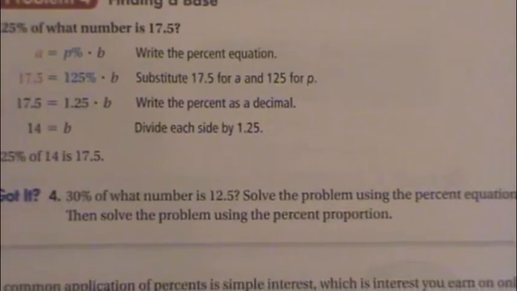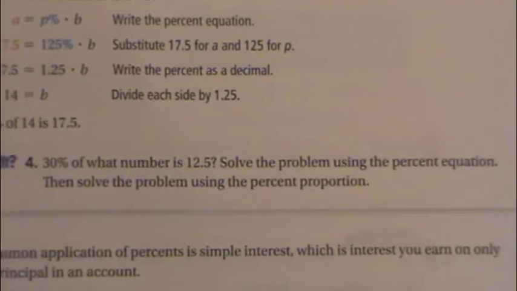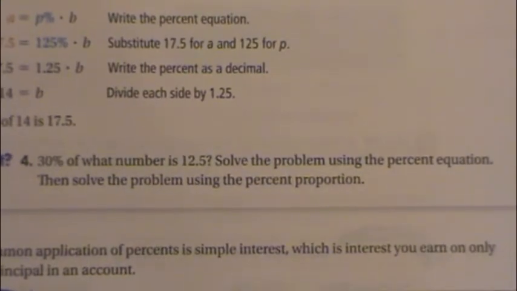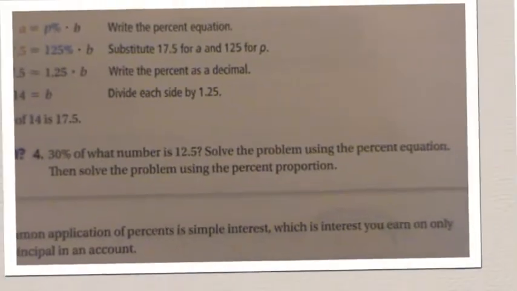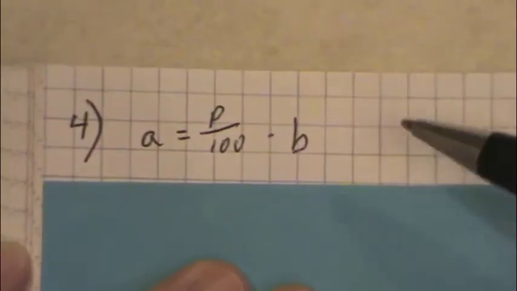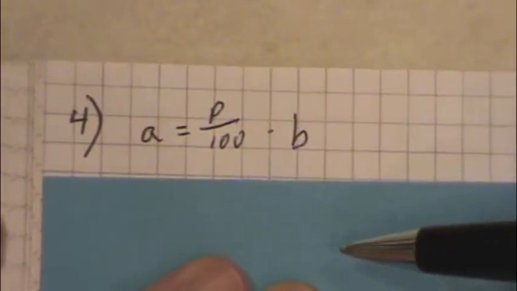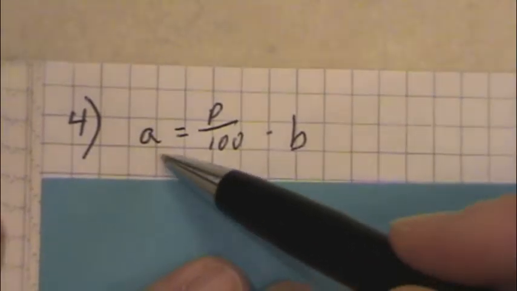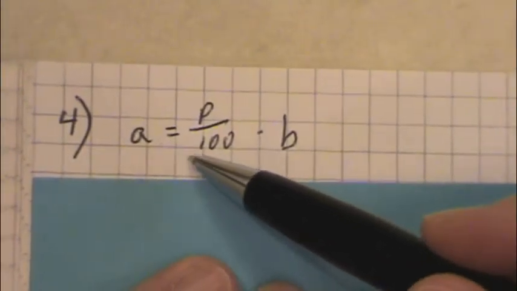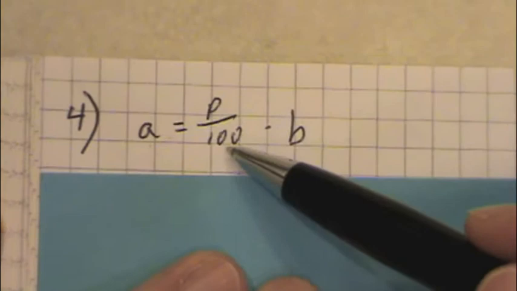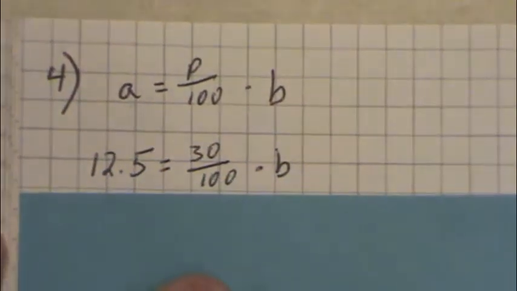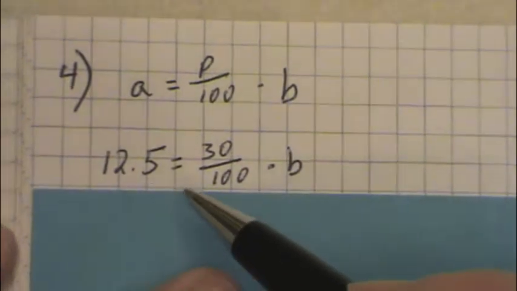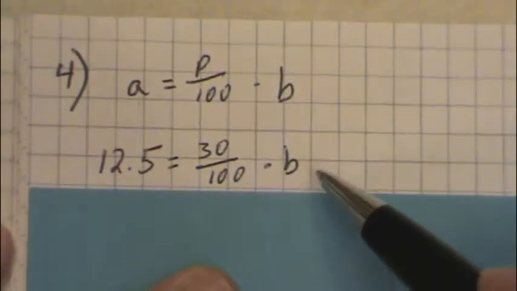Got it? Number 4, 30% of what number is 12.5? And they want you to solve the problem a couple of different ways, so get your notebook. So, confession, teacher prerogative, I only wanted to do this once, so I only did it once. Here is the percent equation, A equals P over 100 times B. Here's what we know. 12.5 is 30% of something.